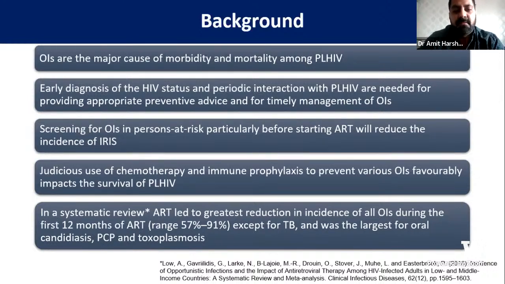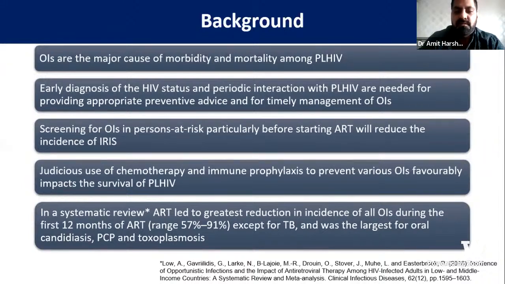And do the benefit for the PLHIV. And also there was a big systematic review which covered almost three big regions, South Asia, Sub-Saharan Africa, and Latin America, wherein almost 126 studies were reviewed over a span of 20 years.